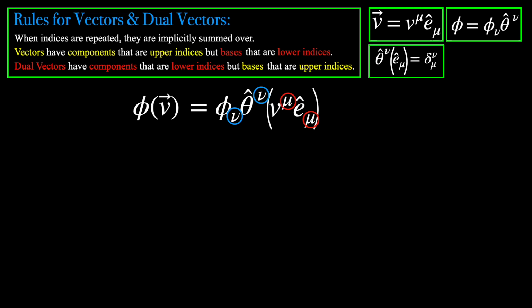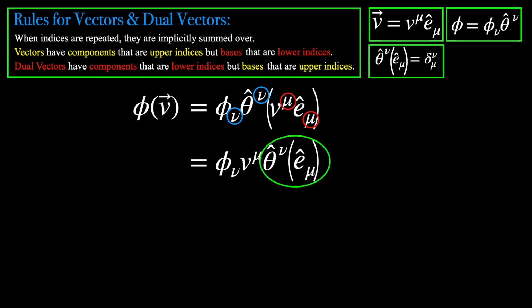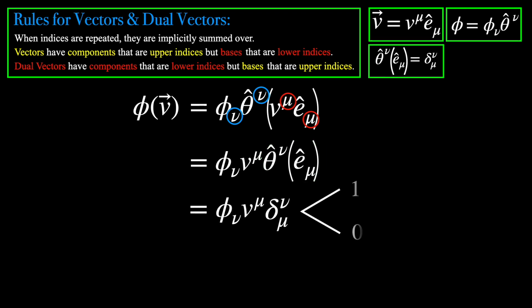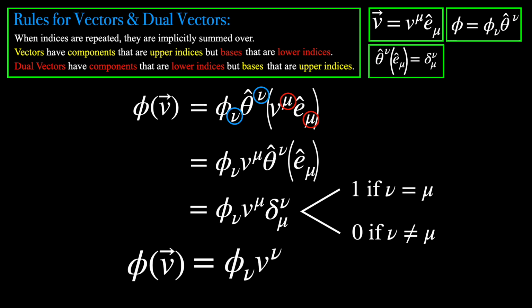So, for instance, we can swap the two middle terms and get this. And these last two terms are just equal to the Kronecker delta, so we can rewrite this expression as follows. And since the Kronecker delta equals 1 only if nu equals mu, but is 0 otherwise, then we can simply change mu to nu.